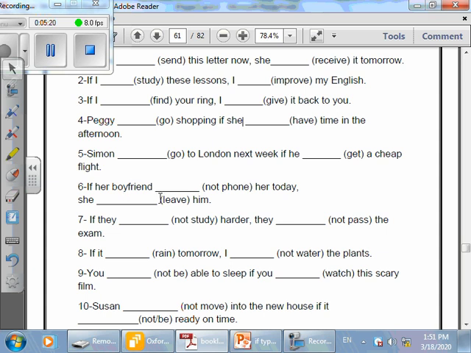If her boyfriend not phone her today, she leave him. We started with the if clause, so that's why we separate with a comma. So the answer is, if her boyfriend doesn't phone her today, she will leave him.